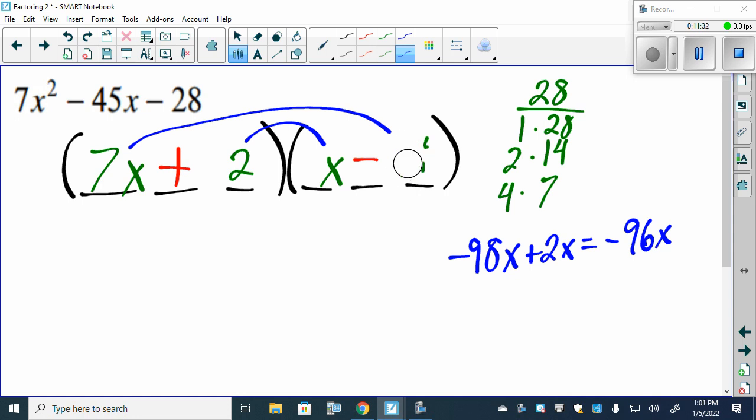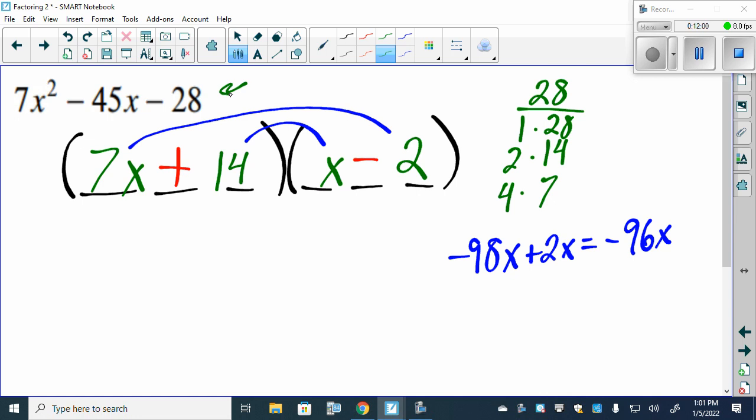Instead, we can do 14 and 2, but this won't quite work because 7 and 14, do they have a greatest common factor? Yes. If there's not a greatest common factor to begin with, we can't have one here.